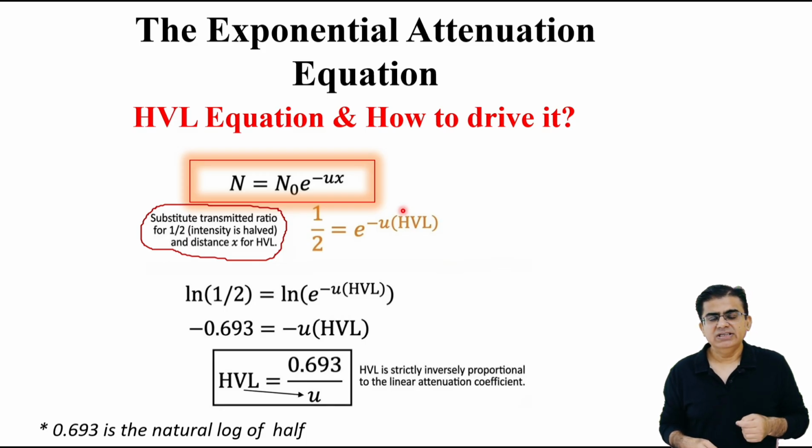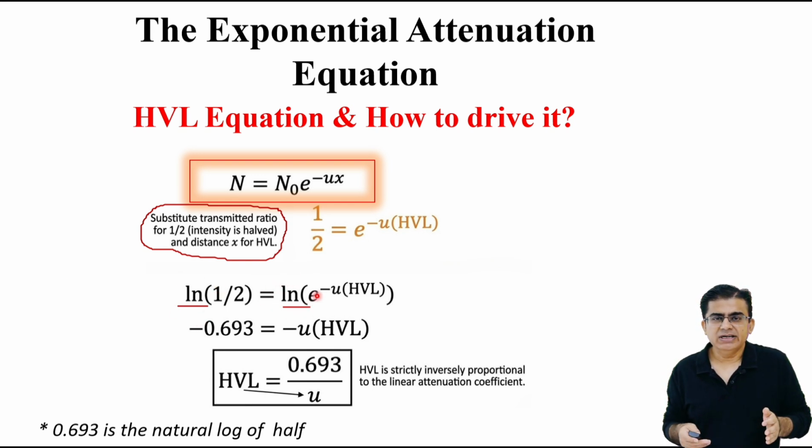Now, we just need to solve this simple equation to find the value of HVL. To remove that mathematical base e from this equation, you must perform a very standard mathematical step. We simply take the natural log of both sides of the equation.